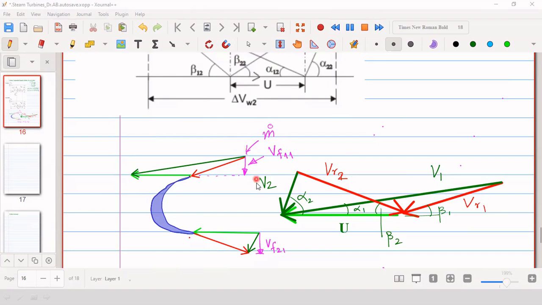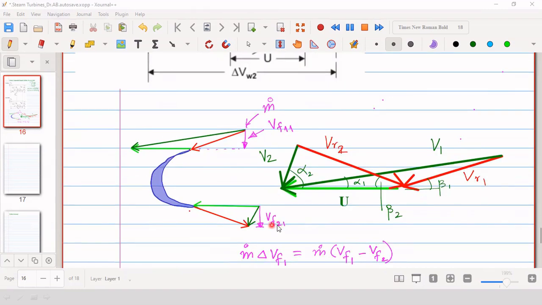Therefore, if the flow would have been stopped fully, then that full force would have been given to the wheel. So that is m dot multiplied by Vf11. But as the fluid is not fully stopped and it is leaving with some velocity, effectively what is the force that is applied?